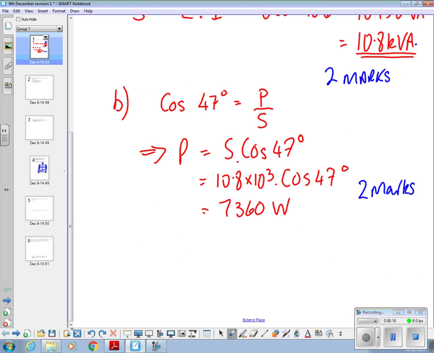Alright, part C. Tom, any ideas? I know you haven't tackled this question yet. So what if we look at what we've got here? We now know P is equal to 7360. That's the horizontal part.